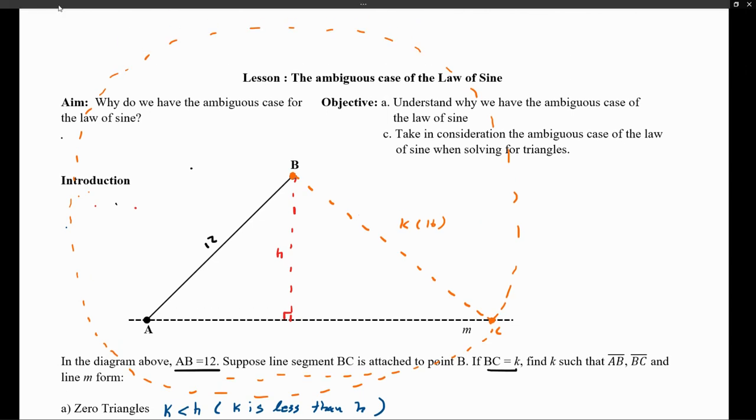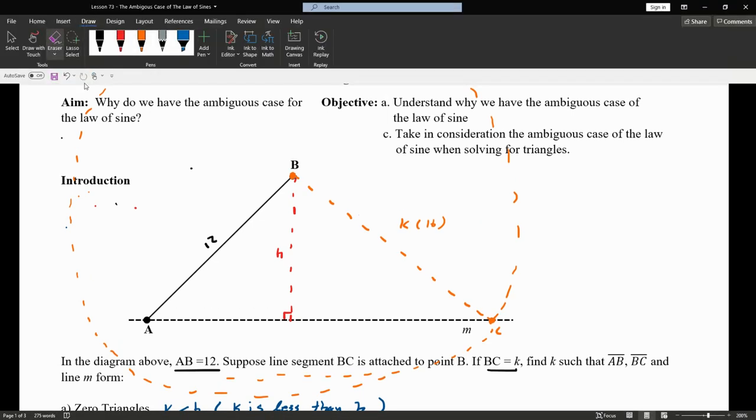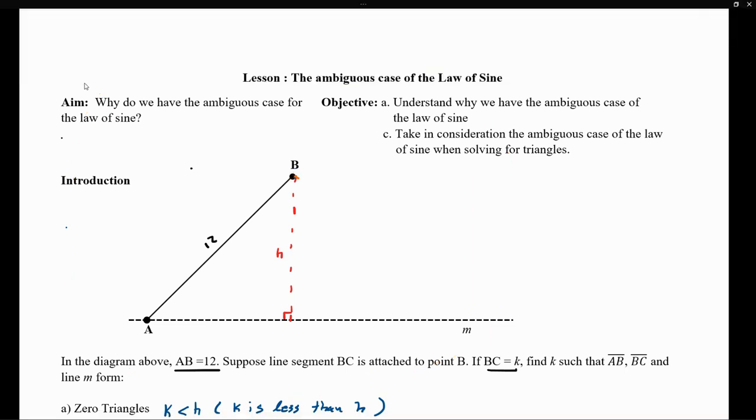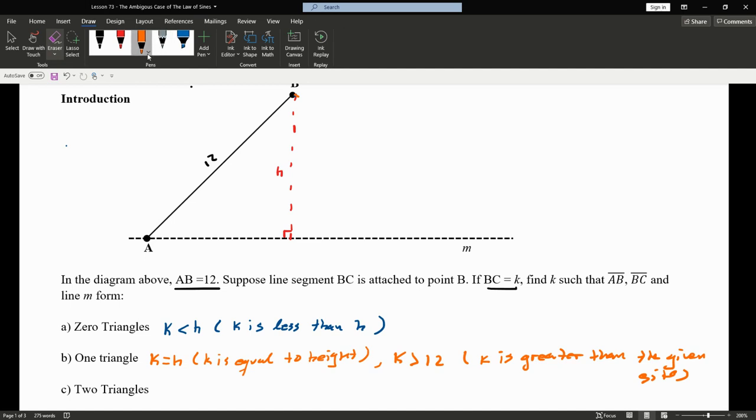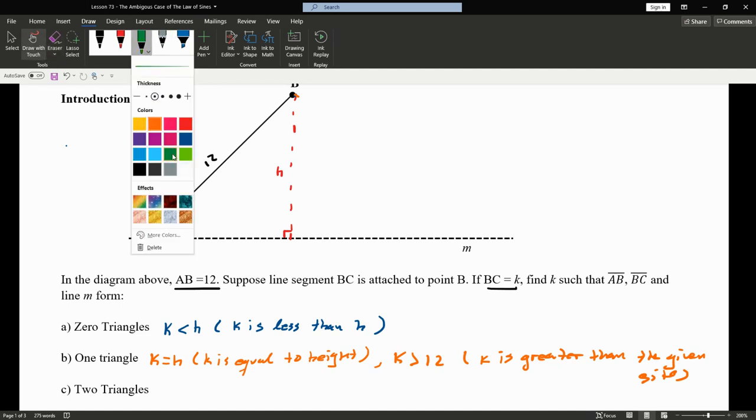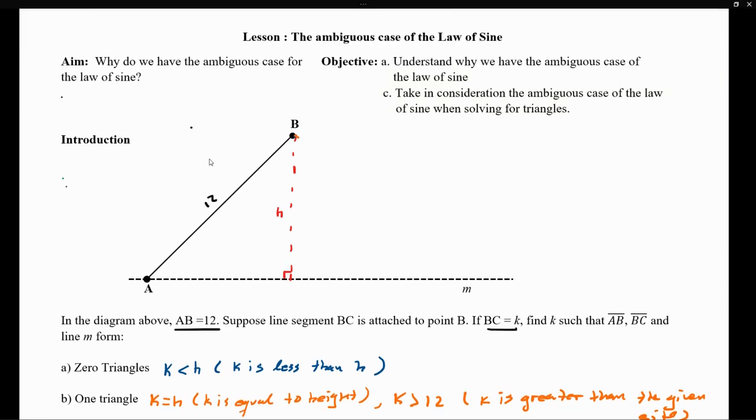Well, not exactly. For this, let me actually erase my diagram. All right, so we're back. So what would have happened if this third line segment, which let me use a different color instead of orange, what would have happened if this third line segment is actually less than 12?